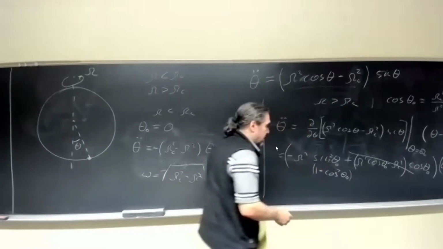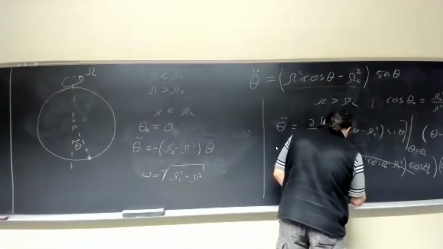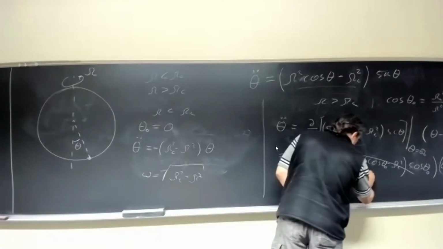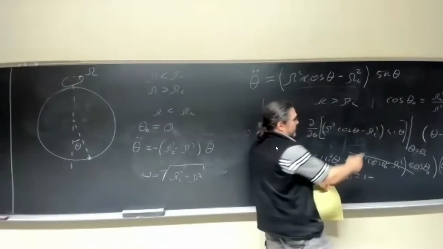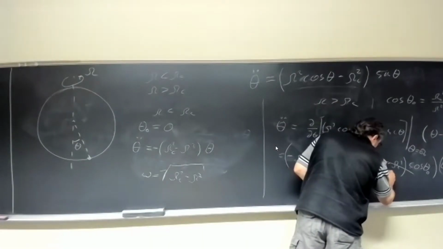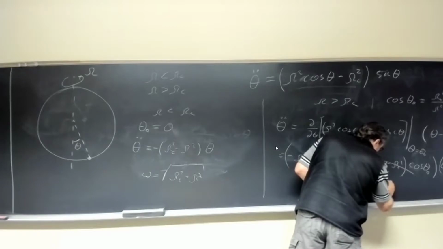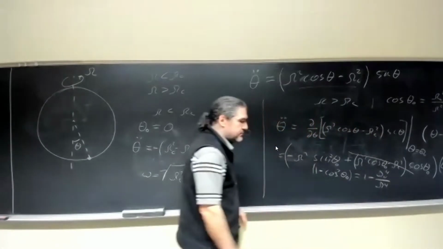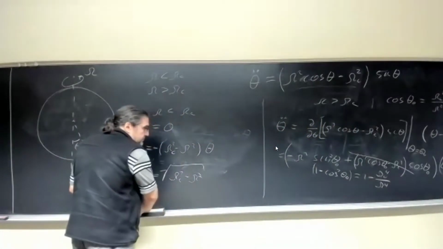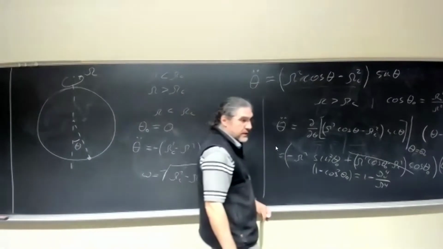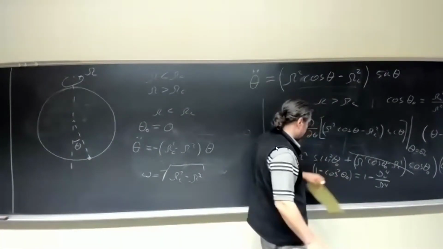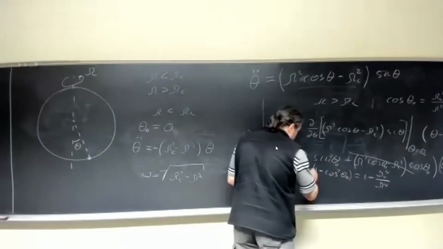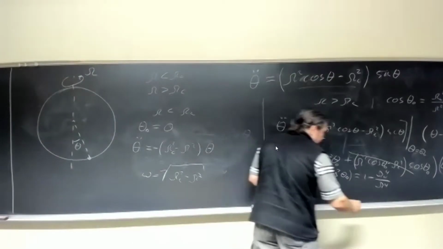But sine squared equals 1 minus cosine squared. So it equals 1 minus omega c to the fourth divided by omega to the fourth. Right? So that's the sine squared. And I need to multiply by omega squared and put minus in front.